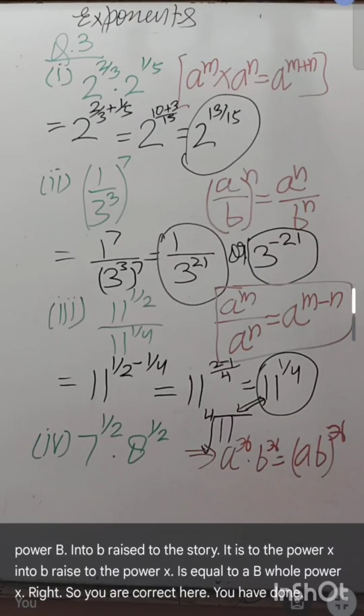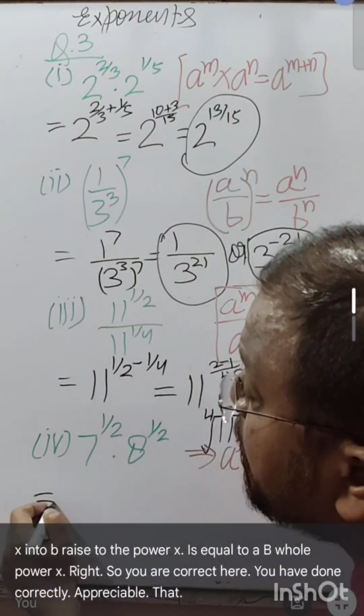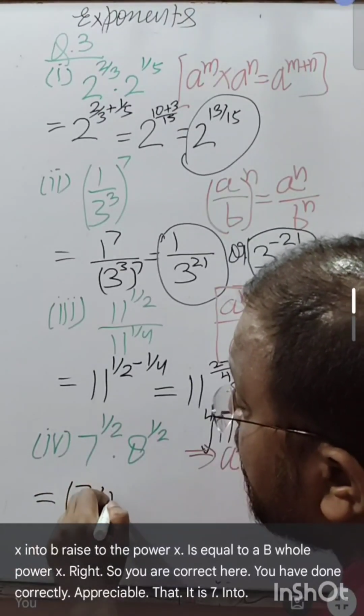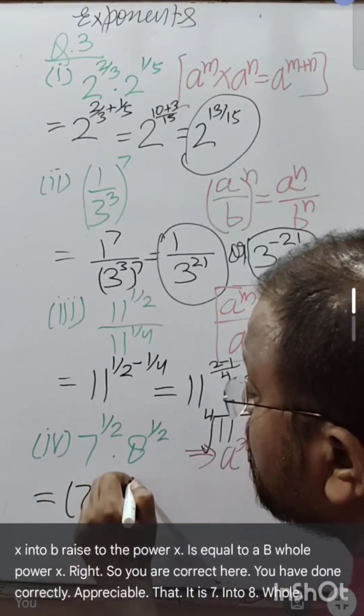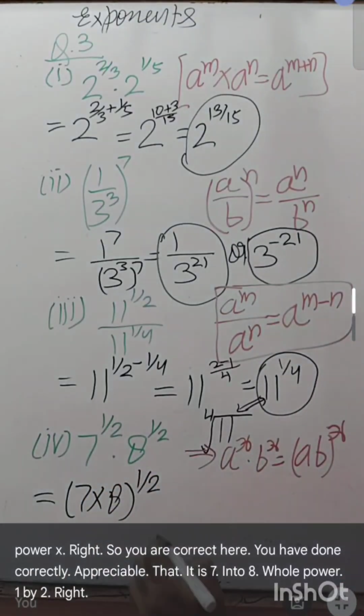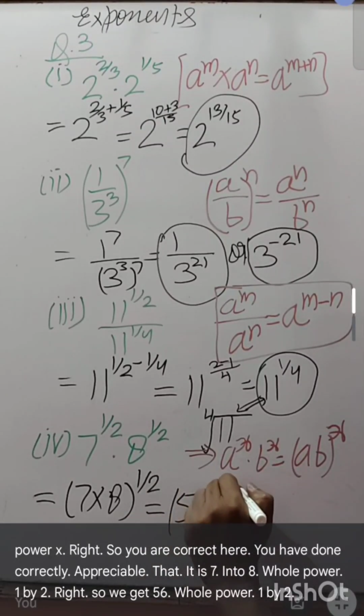You have done correctly. Appreciable. It is 7 into 8 whole power 1 by 2. So we get 56 whole power 1 by 2.